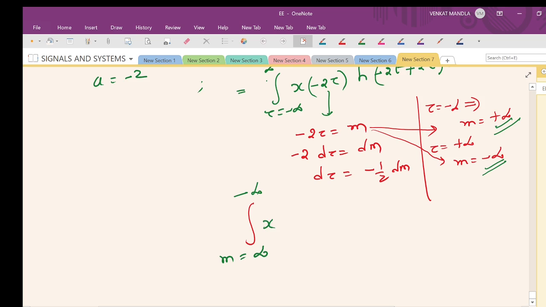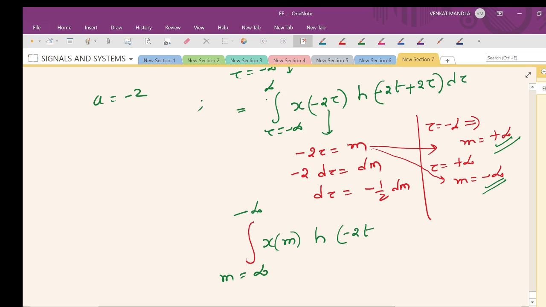Then x of -2 tau is x of m and h of -2t plus 2 tau is h of -2t minus m. d tau is -1/2 dm.